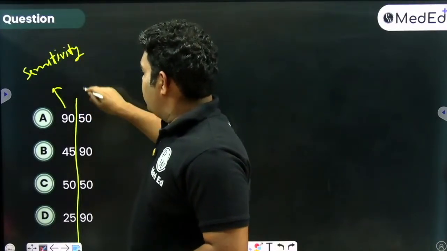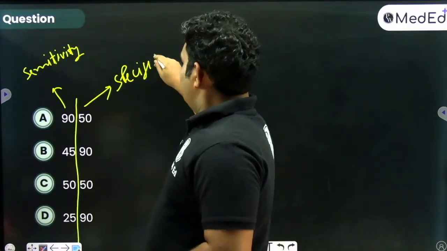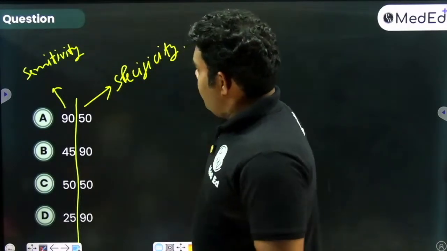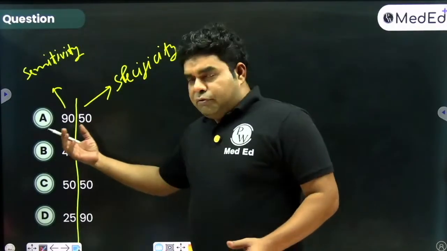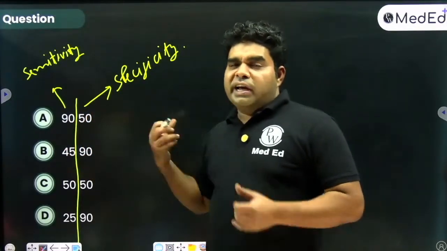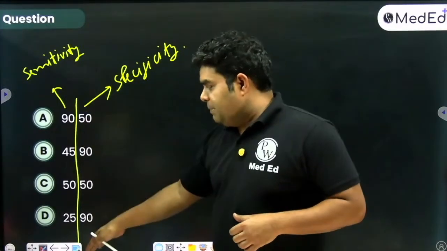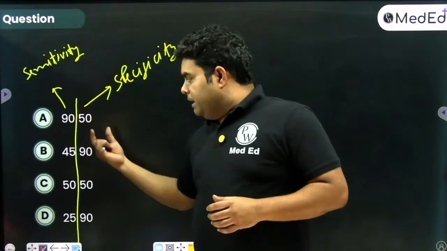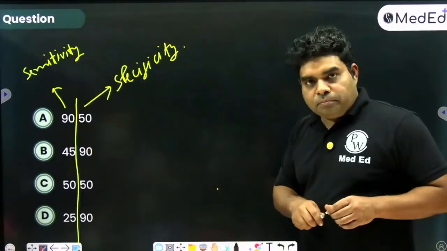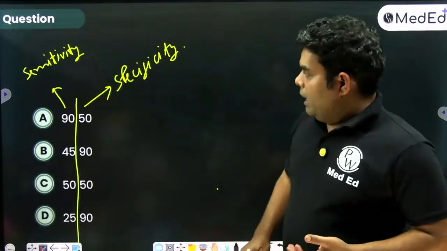The second part is telling about the specificity. So if you are doing one test and then another test, which sequence will you choose out of A, B, C, D? Which should be test A, which should be test B? So I hope this is the question.